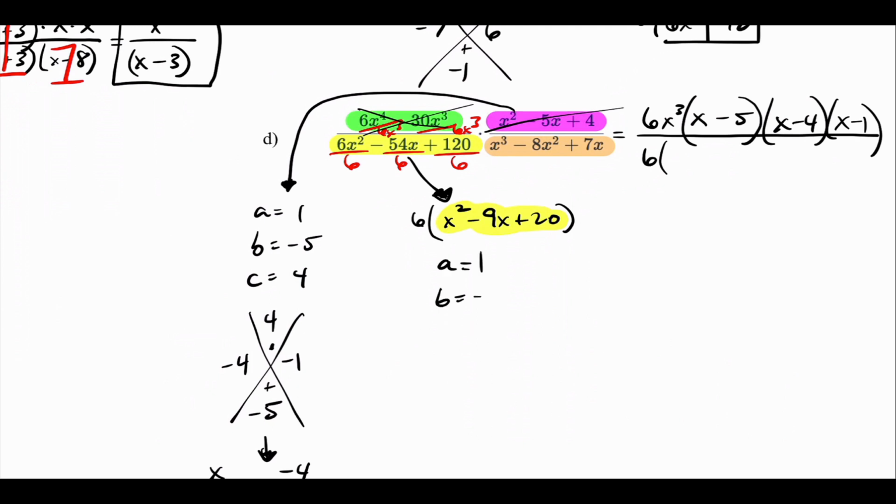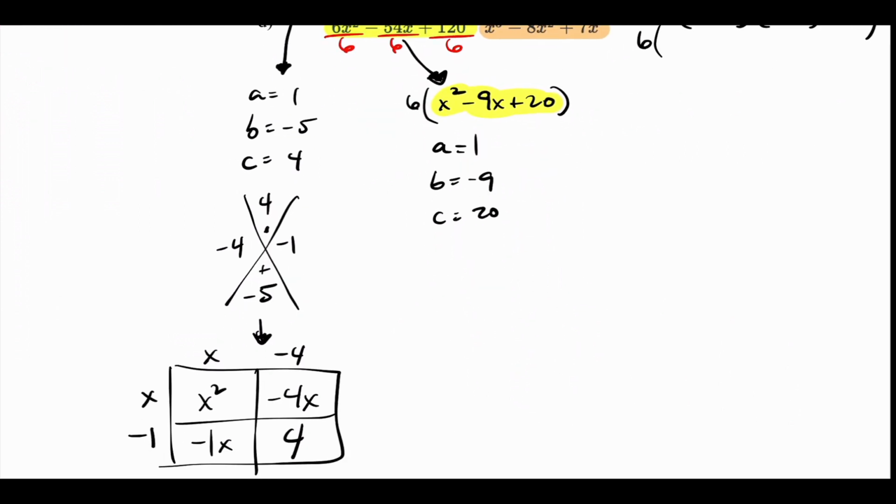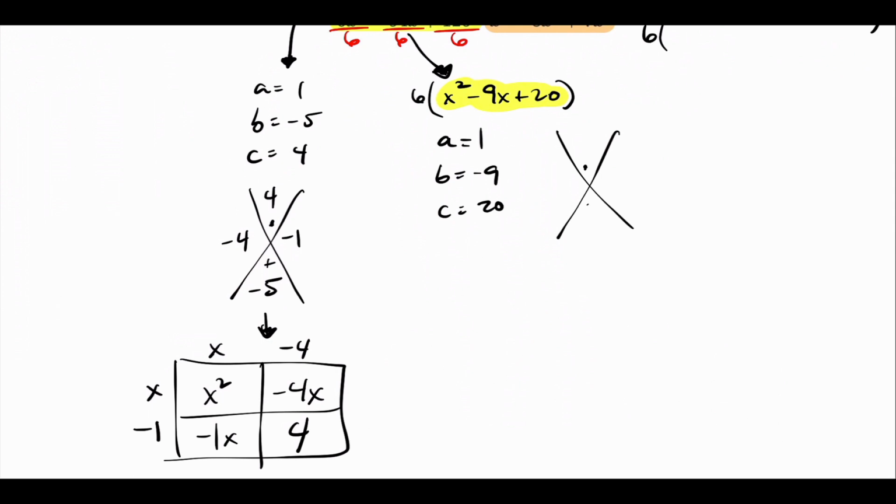A is 1, B is negative 9, C is 20. The two numbers that multiply to be 20 and add up to be negative 9 are negative 4, negative 5.